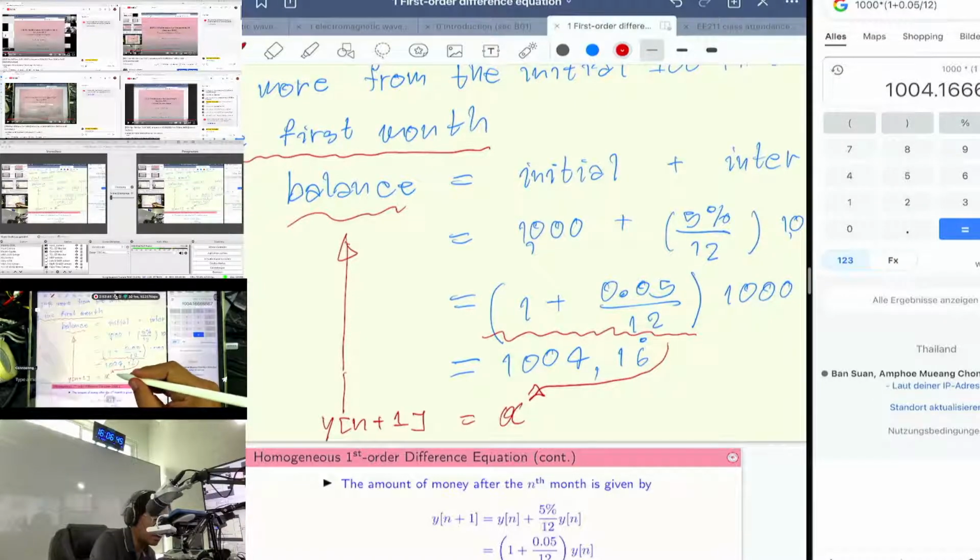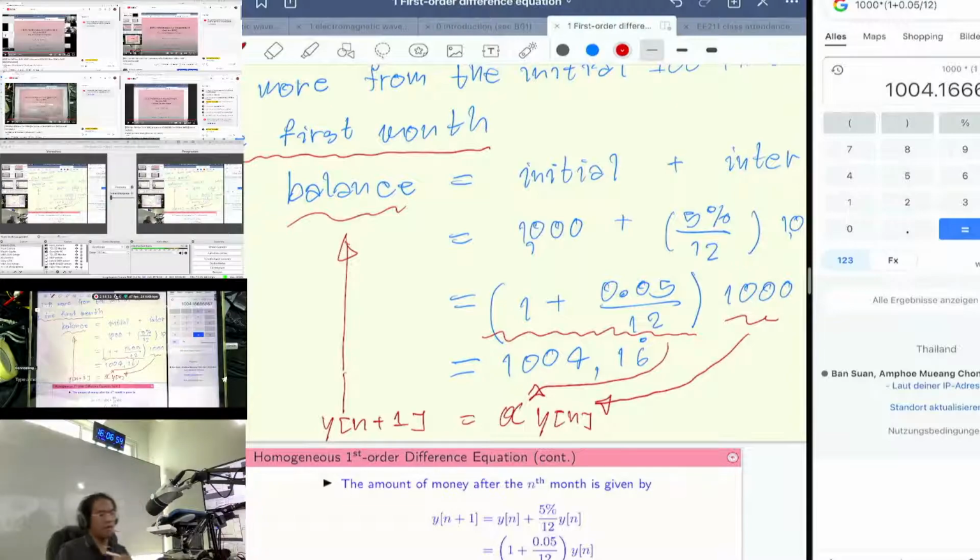And this one here is yn. Okay, this is yn to us.